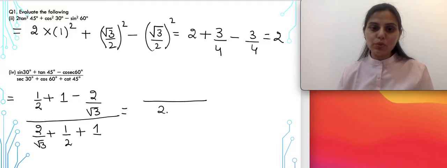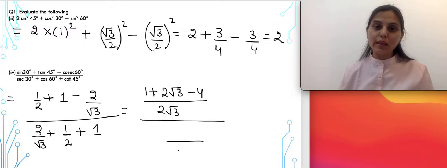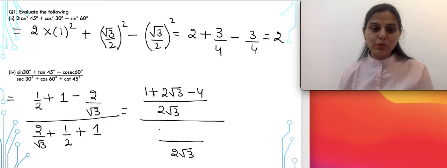The LCM will be 2 root 3. So in the numerator you will get the values 1 plus 2 root 3 minus 2, 2s are 4, whole divided by, here again if you take the LCM it will be 2 root 3 and the values will be 2, 2s are 4 plus root 3 plus 2 root 3.